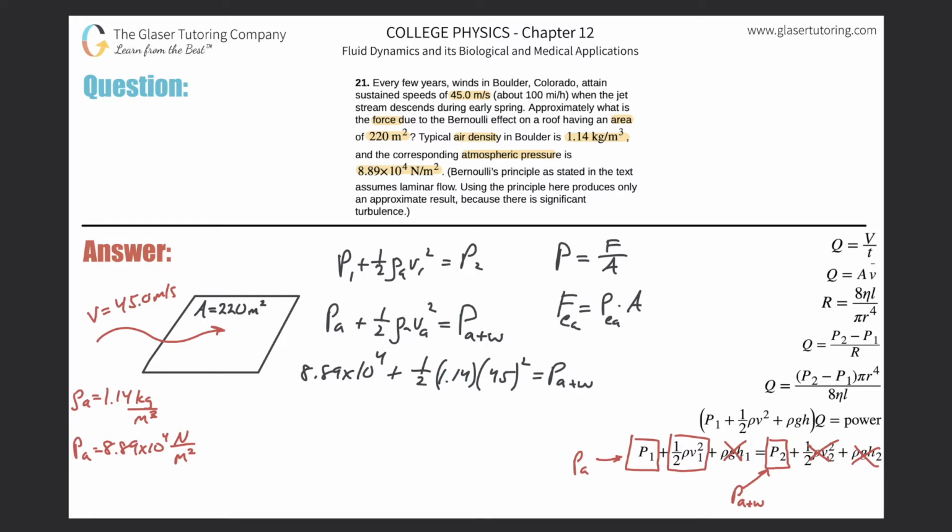So it's going to be 8.89 times 10 to the 4th plus now 0.5 times 1.14 times 45 squared. So here we get a value now of 9.0001, I guess if I'm going to round, times 10 raised to the 4th.